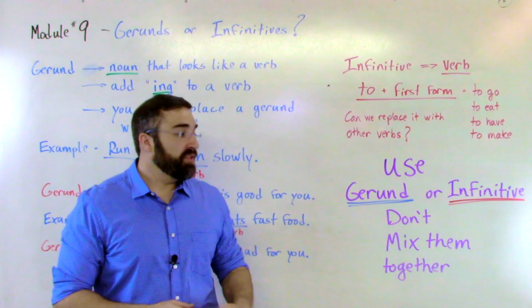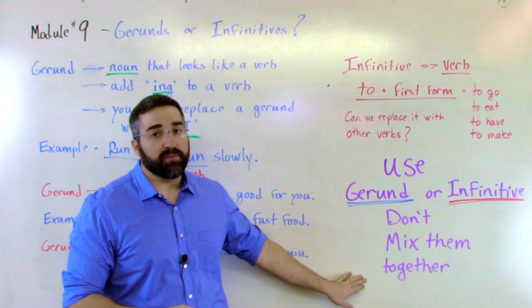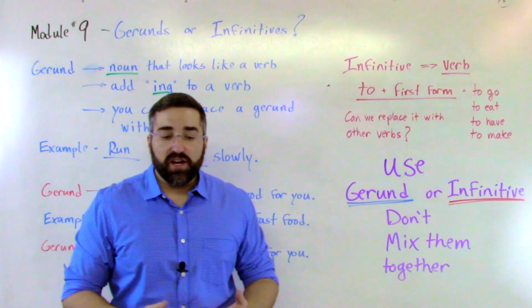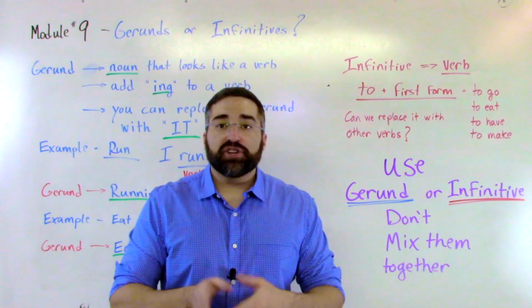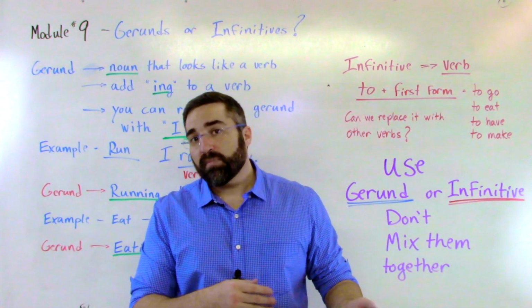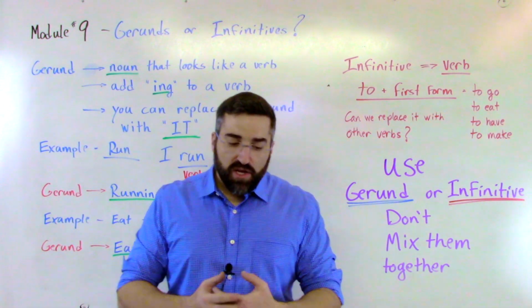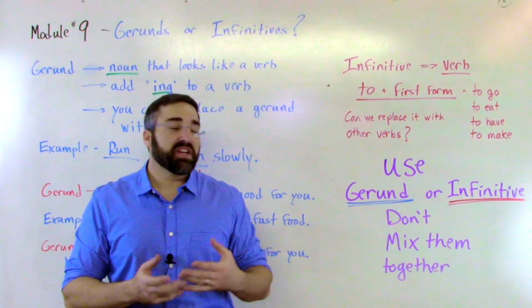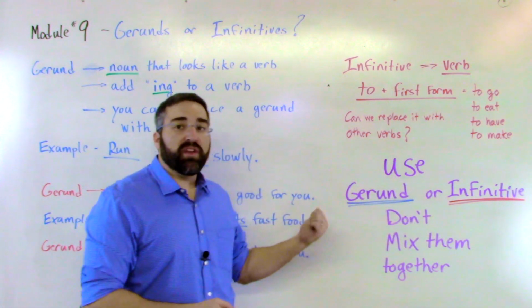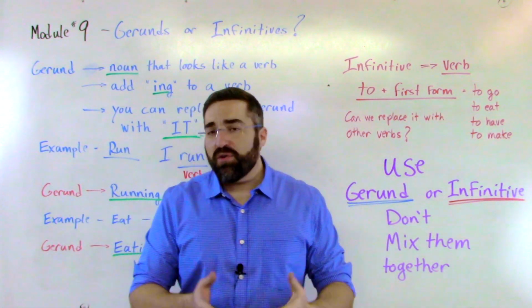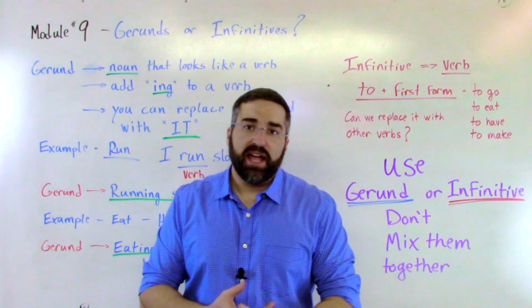Don't use them both, okay? So don't mix them together. I often hear students saying, I like to going. I like to making. He loves to having. So this would be incorrect because you're mixing the infinitive with the gerund.